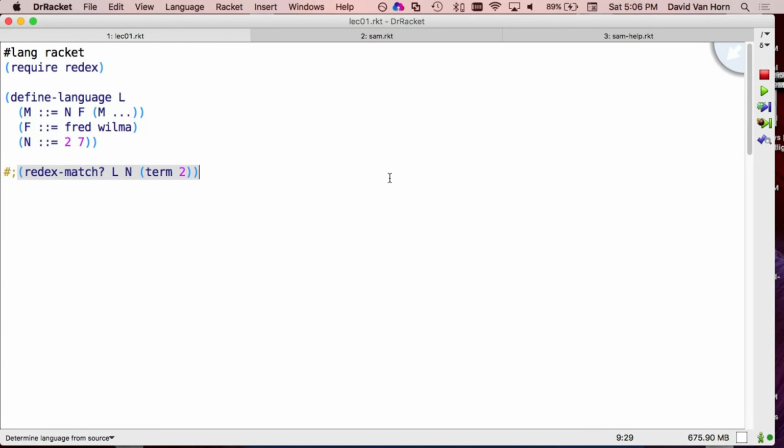I'm really defining three sets of terms, and those are called M, F, and N, and they live within the language called L. It's just a kind of BNF grammar here that you see. You should feel comfortable with this, up to balancing those parens, which I know is so complicated.